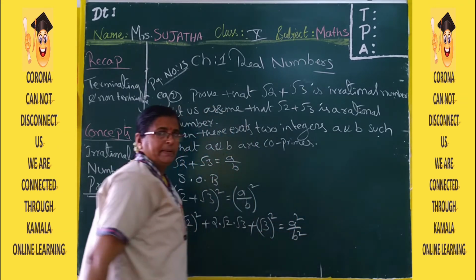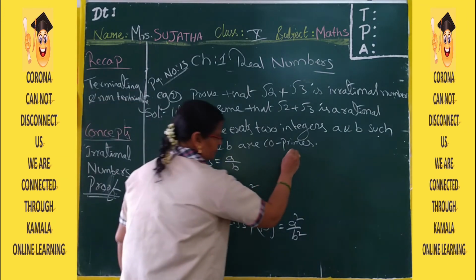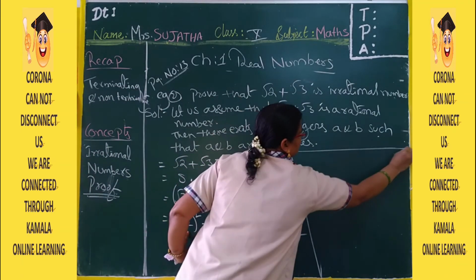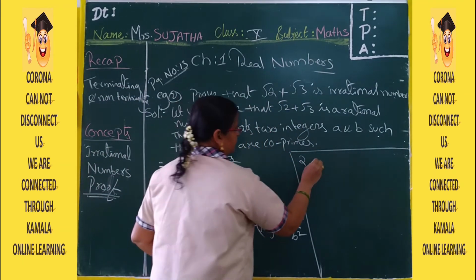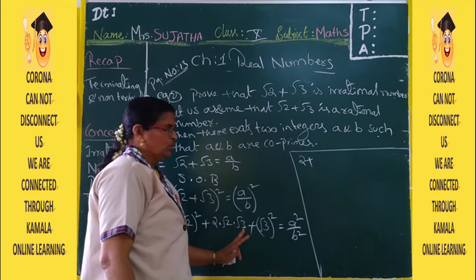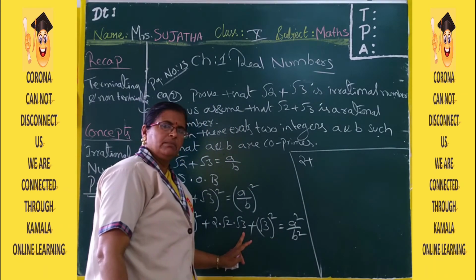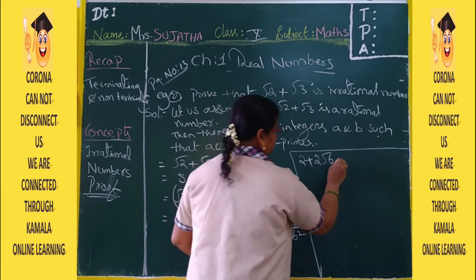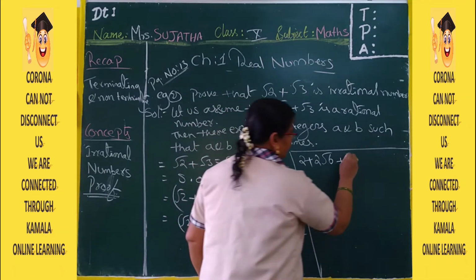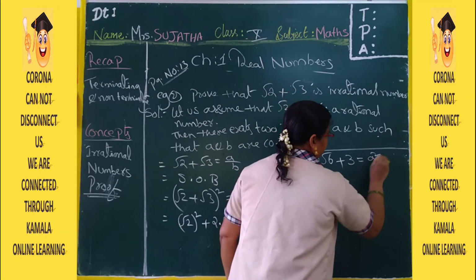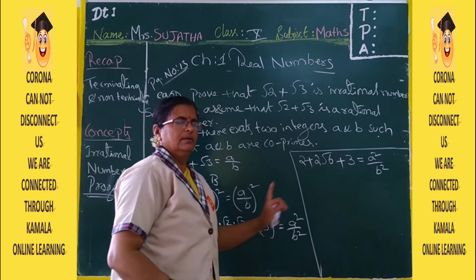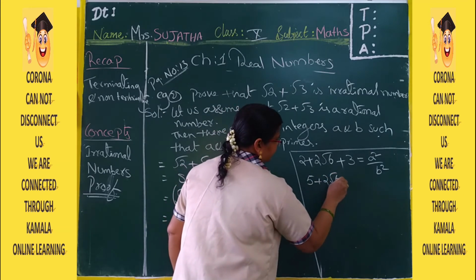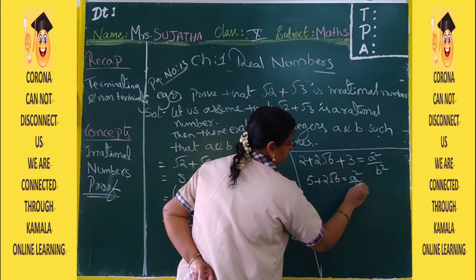Root 2 whole square is 2, root 2 into root 3 becomes root 6, root 3 whole square is 3. Now 2 plus 3 is 5, so 5 plus 2 root 6 is equal to a square by b square.